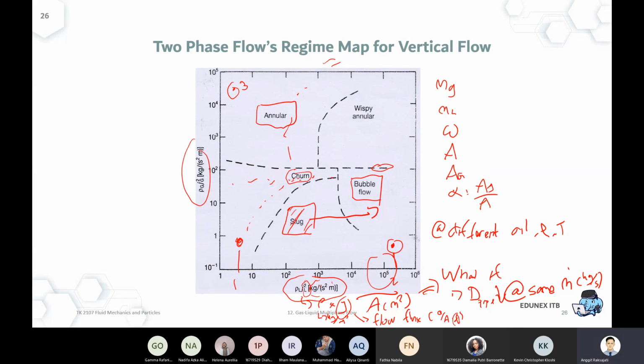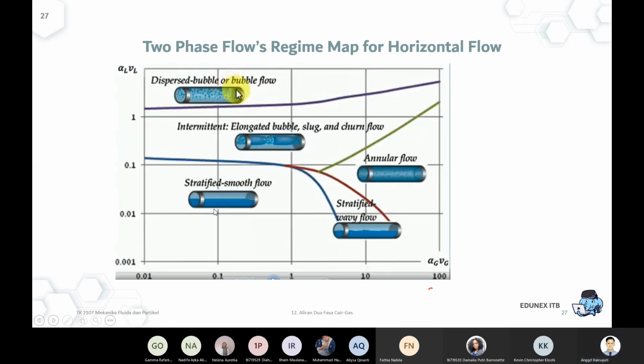I don't think there is one way to express this kind of regime map. Let's see, I think I have another regime map in the next slide. Here it is expressed as a multiplication of the density with the square of the flux flow. Let me check the next one.